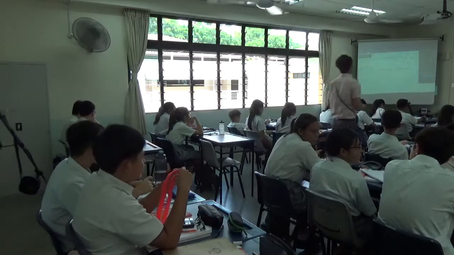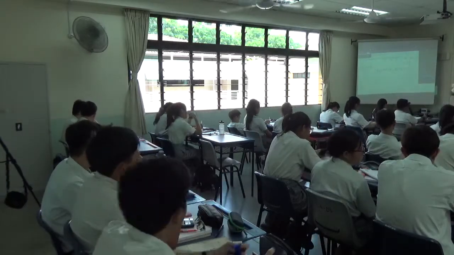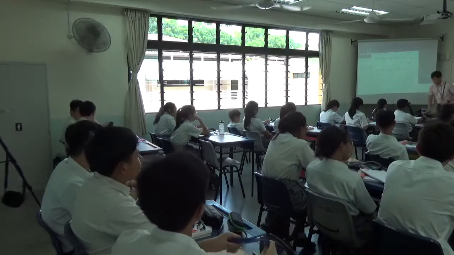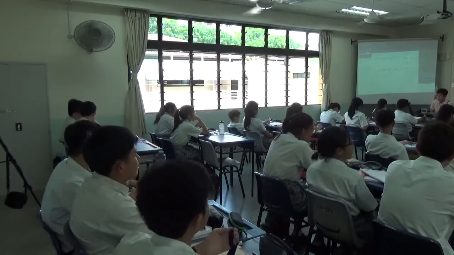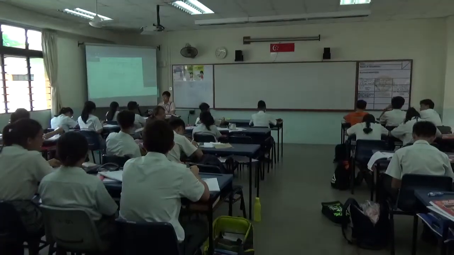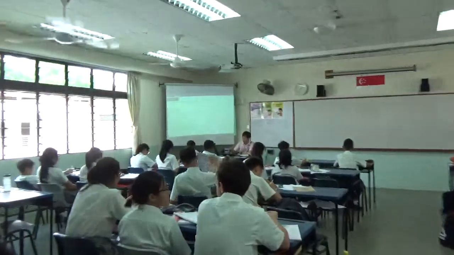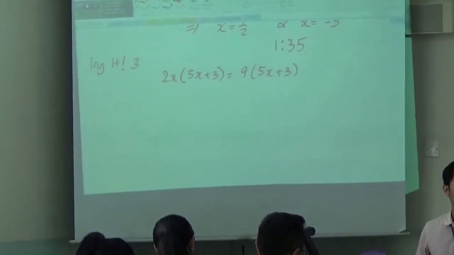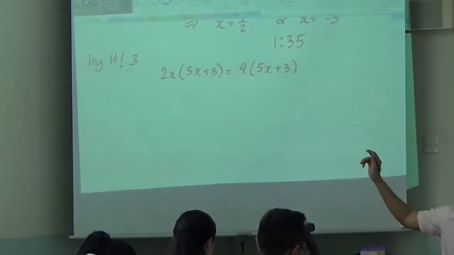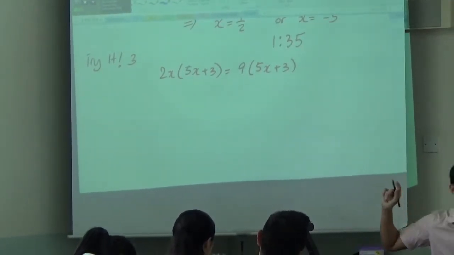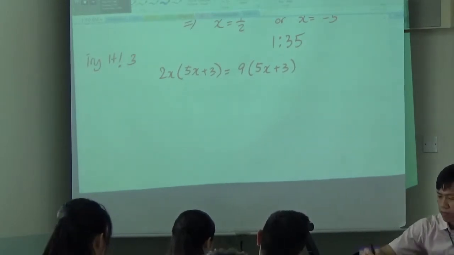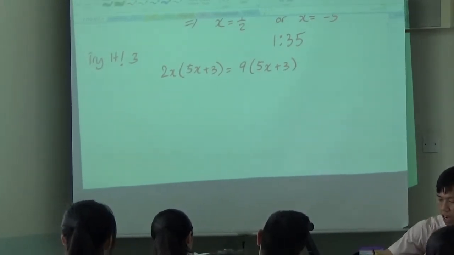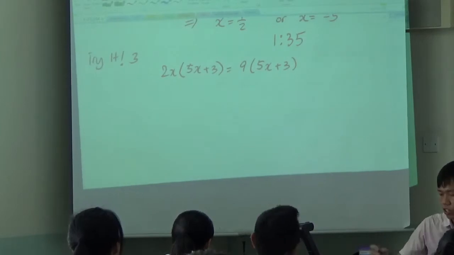All right, let's begin. I see a couple of different approaches that you had. Now let me show you my working. Please look at the screen. I'll show you something very important. How about I do this?